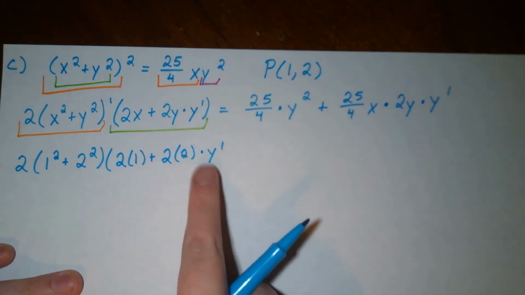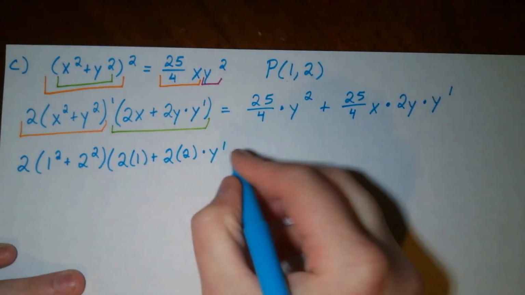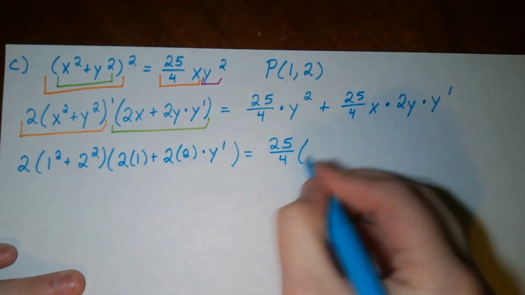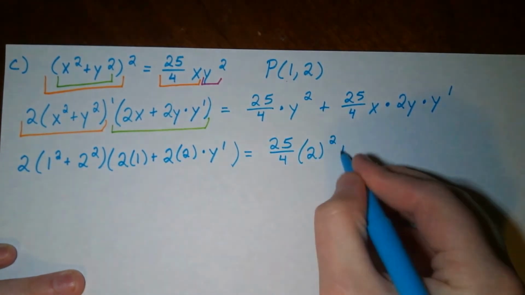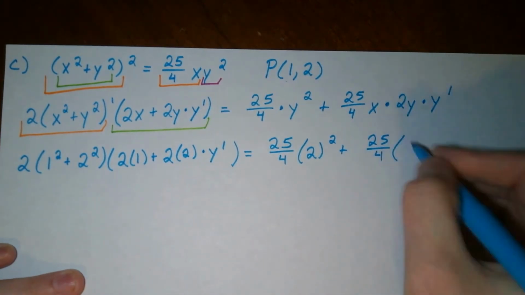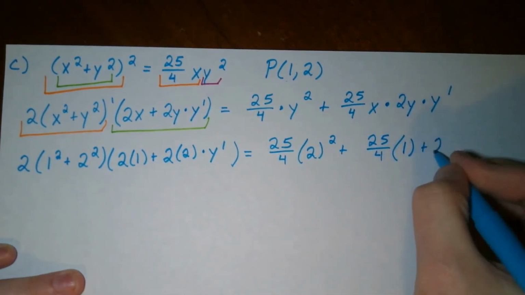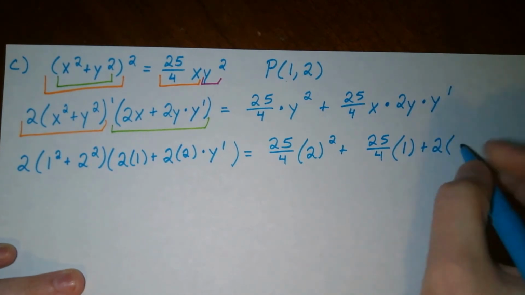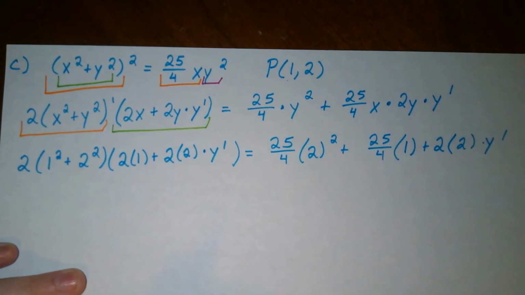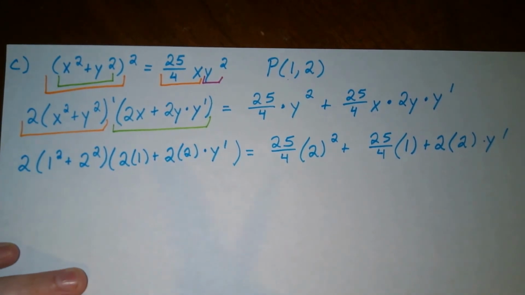Leave that as y prime, remember, because that's the thing we're trying to solve for. Equals 25 over 4 times 2 squared plus 25 over 4 times 1 plus 2 times y, which is 2, times y prime.